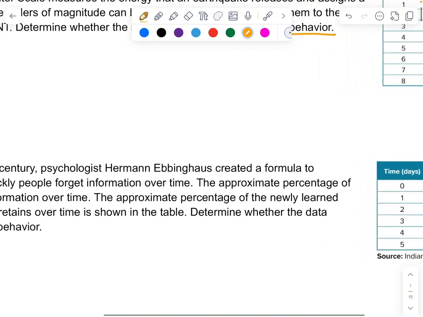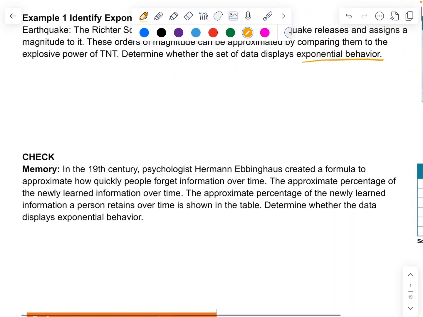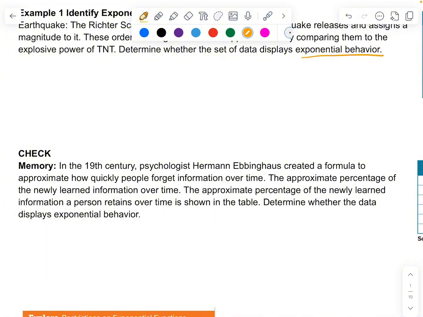Okay, so now we're going to look at this. In the 19th century, a psychologist created a formula to approximate how quickly people forgot information over time. The approximate percentage of newly learned information a person retains over time is shown in the table.